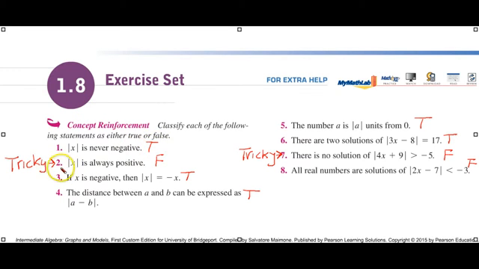Now, this one's a little tricky because it's saying the absolute value of x is always positive. Well, here they're referring to that x inside that could have been negative. So therefore they're calling that one false.